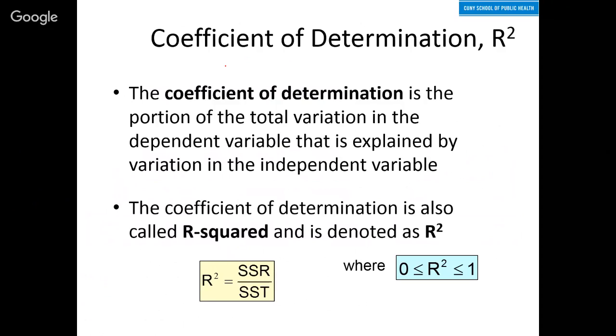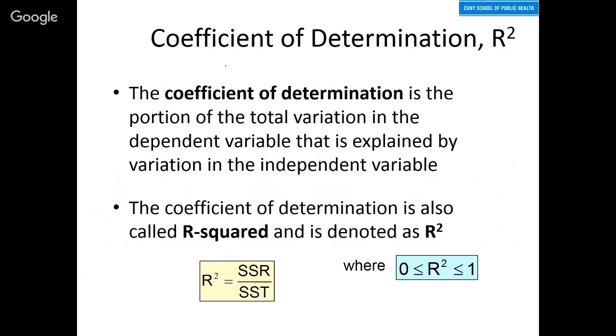And it is often described as being the fraction of variation in Y that is explained by variation in X. That's an okay intuitive way to understand it, but the formal definition is from that breakdown that I showed on the previous page.